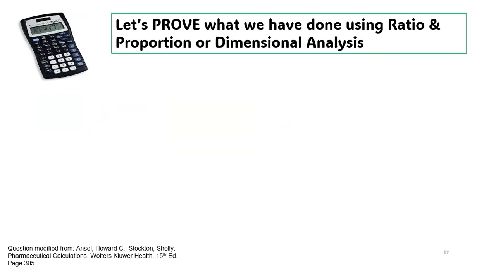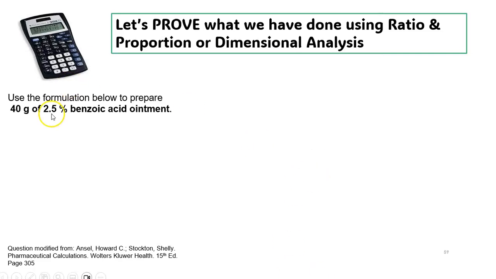Now, I love to prove. Over the years, my math anxiety has gone a little bit, a lot, because I love to prove what I've done. Let us prove what we have done using ratio and proportion or dimensional analysis. So the prescription asks for 40 grams of 2.5% ointment. What does that mean?